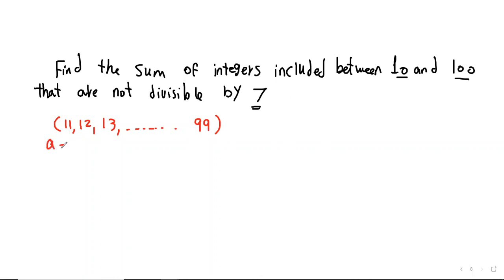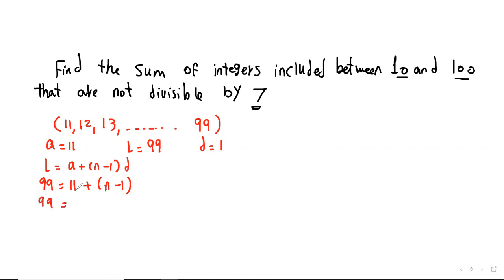So a here is 11, and l equals 99, and d equals 1. And l is equal to a plus n minus 1 multiplied by d. So 99 is equal to 11 plus n minus 1 multiplied by d. d is 1, so 99 equals 11 plus n minus 1. So it's 10 plus n.